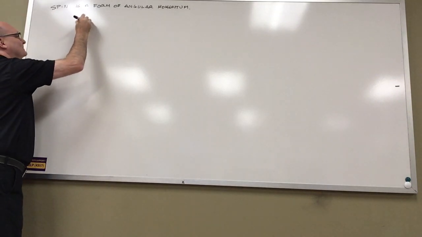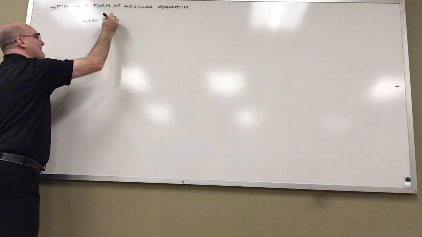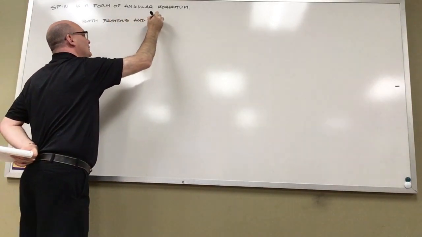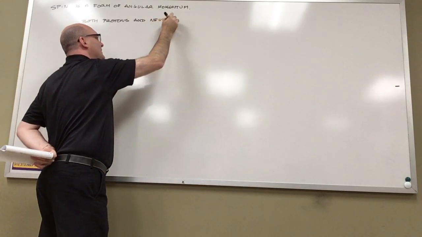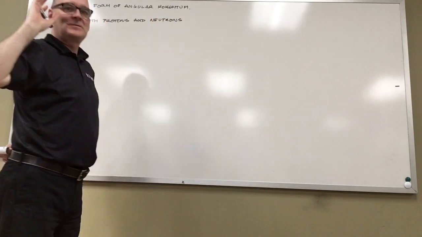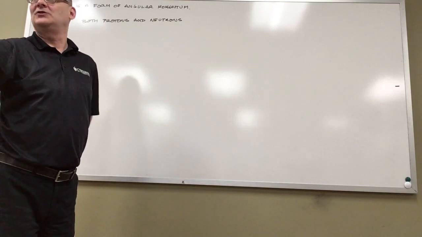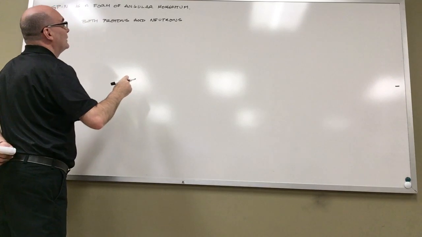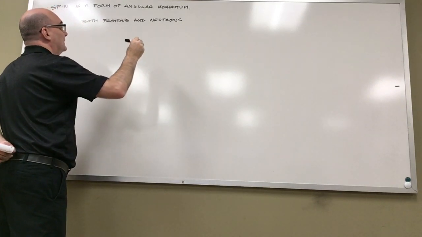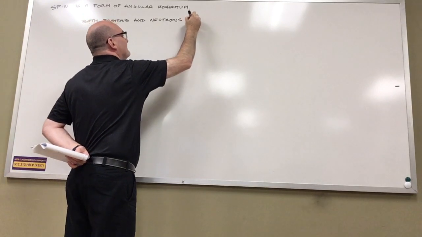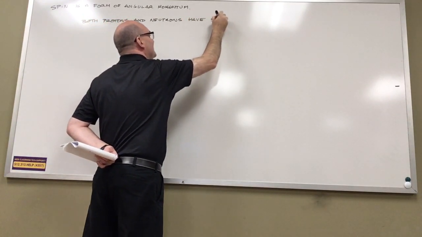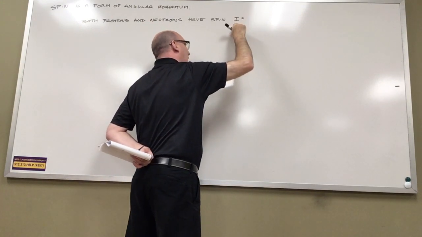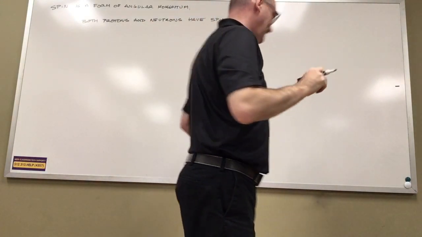Turns out that both protons and neutrons, I think it's easier to see that with protons, because protons have a charge, and if they're moving or even rotating, they will be able to generate a magnetic field. These both have spin. We're going to give this a value I. It's the regular I.